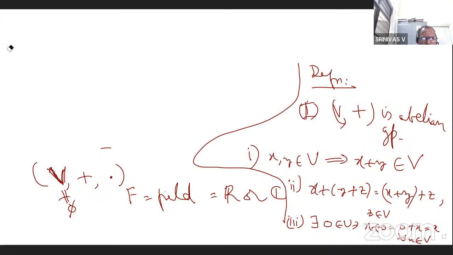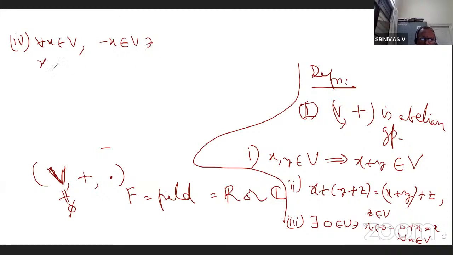Now let's look at the fourth property. For every x in V, there should be a minus x in V such that x plus minus x is equal to minus x plus x is equal to 0.